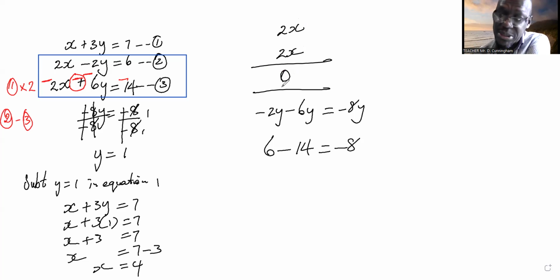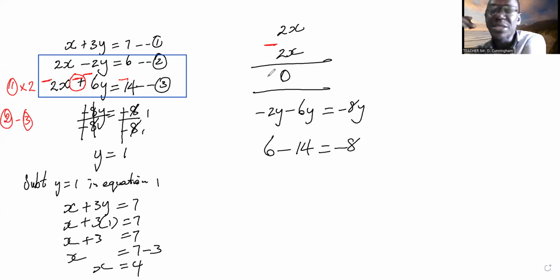But you want them to be 0 because this is called the elimination method. So you have to eliminate either the x or the y. In this case, it was easy to eliminate the x. But you had 2x and 2x, and both of them are positive. The only way to eliminate them is by subtracting them. That's where we got that subtraction from.